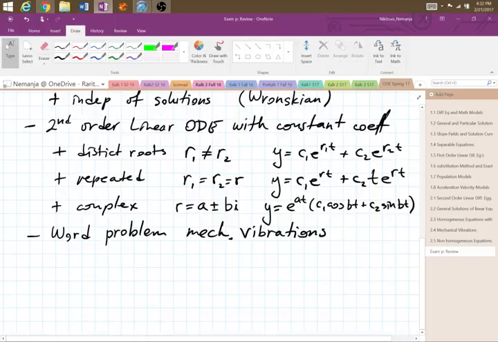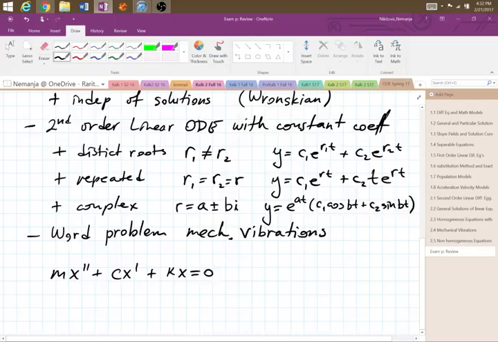We are talking about knowing two equations here. One of those is mx double prime plus cx prime plus kx equals 0.